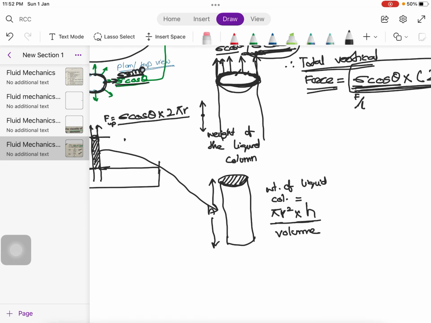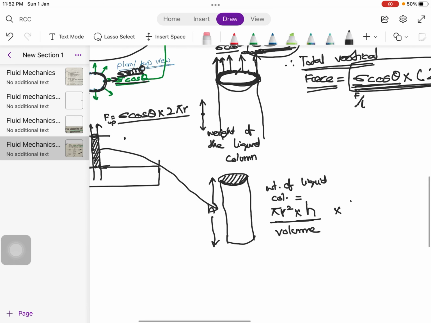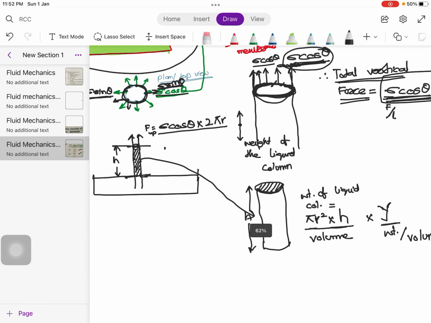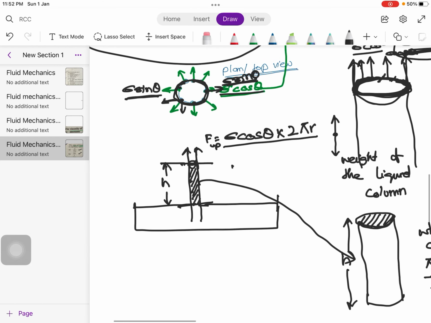So weight is volume times the unit weight, which in this question is given as gamma, weight per unit volume. So weight per unit volume times volume is the weight of this liquid column.